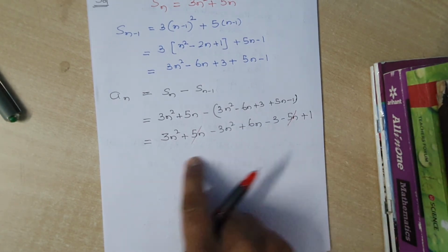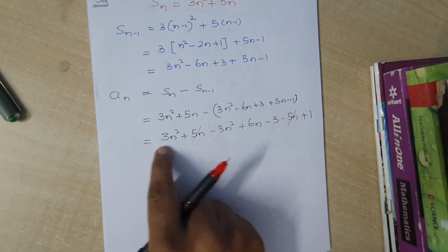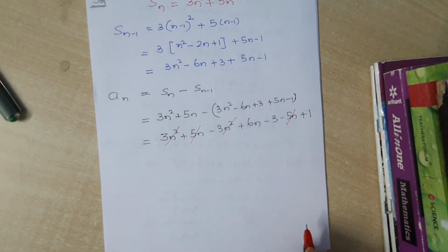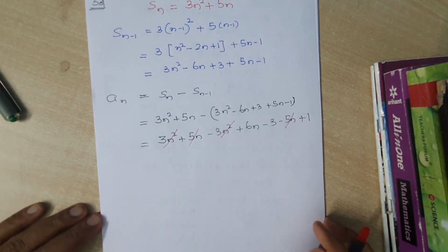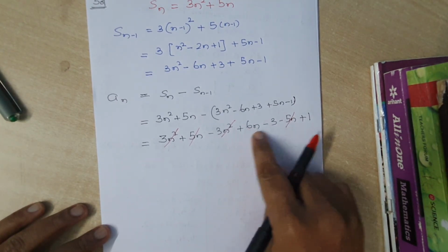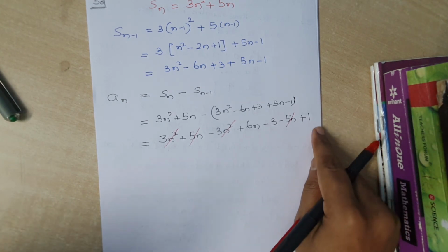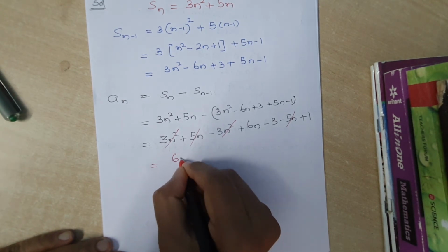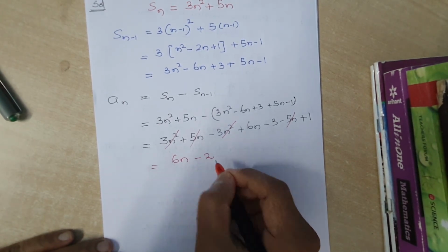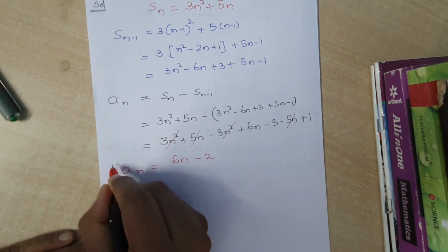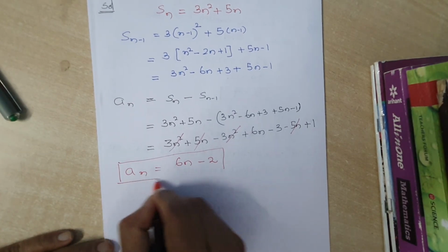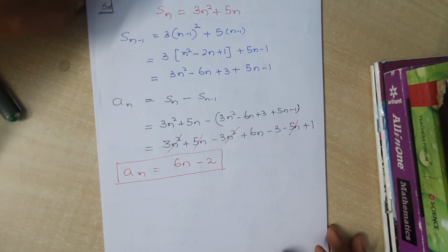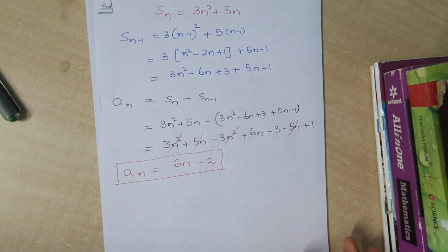This is minus 3n square and this is positive 3n square. Now what is remaining? 6n minus 3 plus 1. Minus 3 plus 1 is minus 2. So we can write an is equal to 6n minus 2, or plus 2. Let me check.